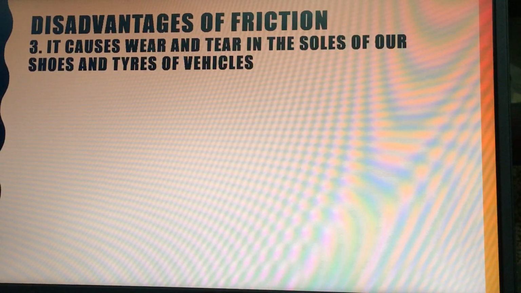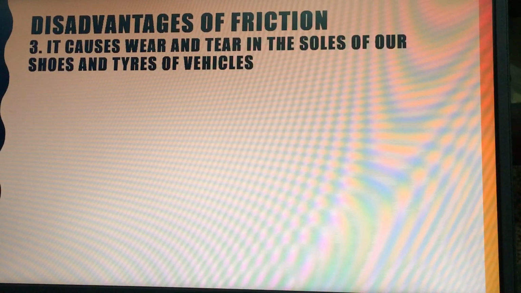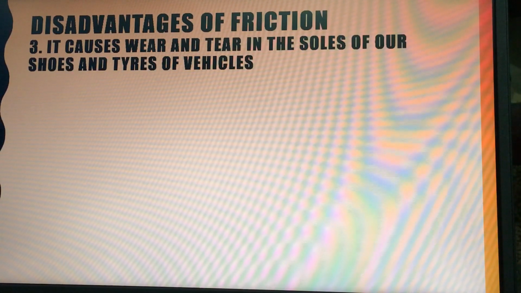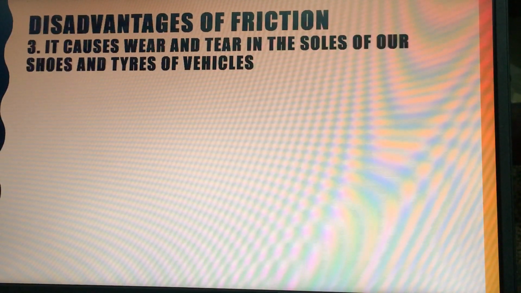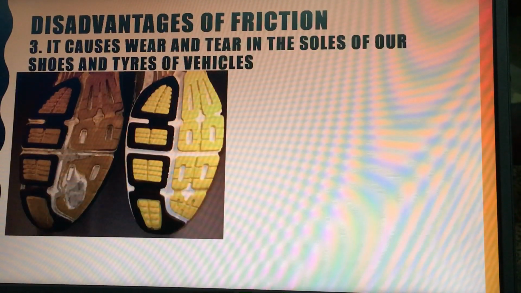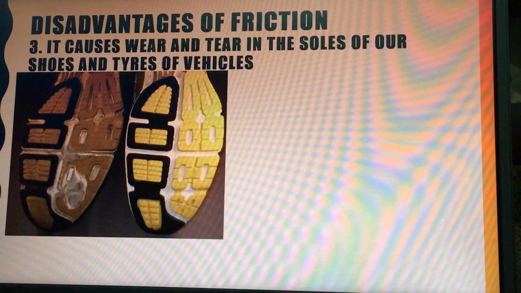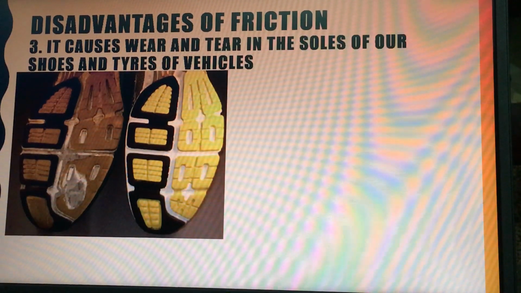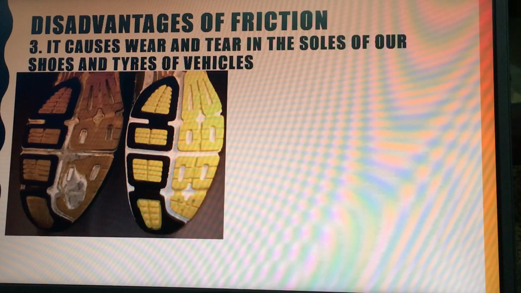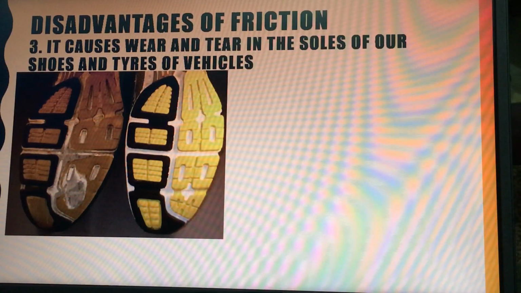Now the third disadvantage: it causes wear and tear in the soles of our shoes and tires of vehicles. See the first picture. You can see a pair of shoes. The soles are shown here, and due to the continuous rubbing of the surface of the soles with the ground, it has got wear and tear.